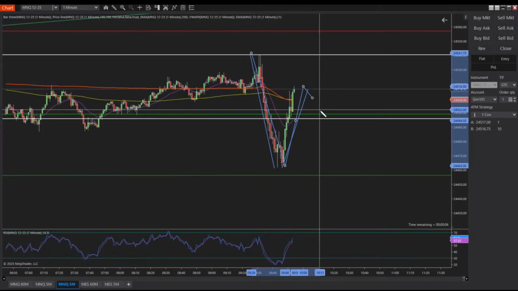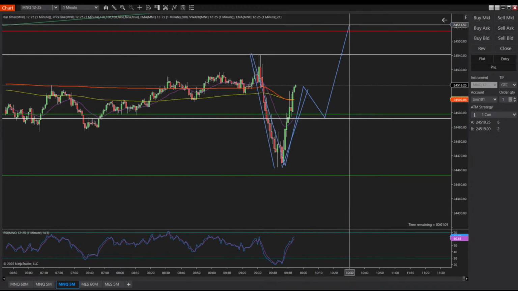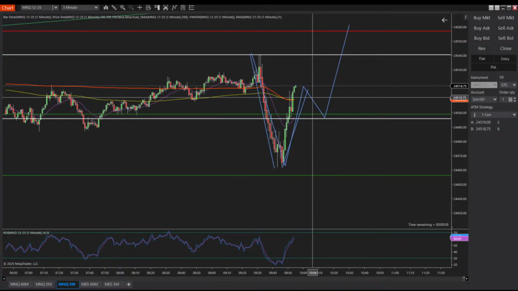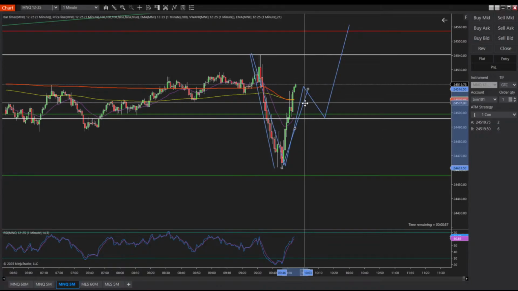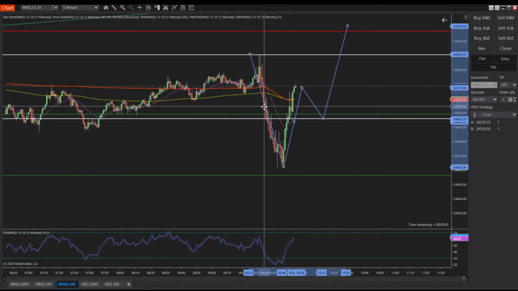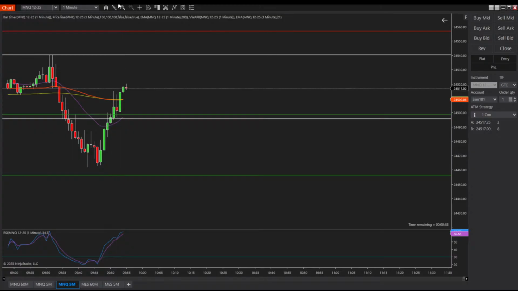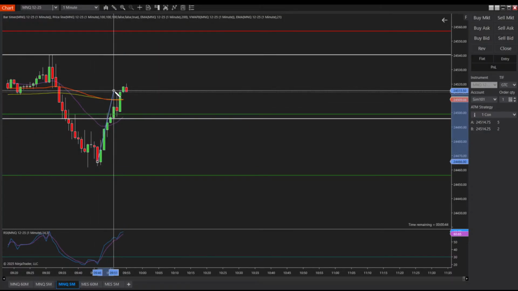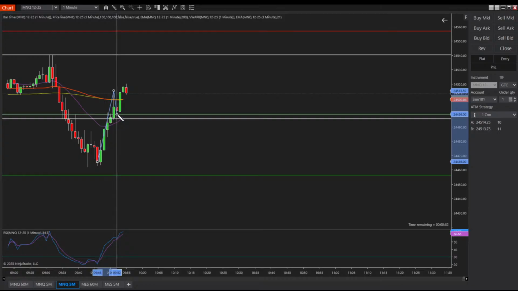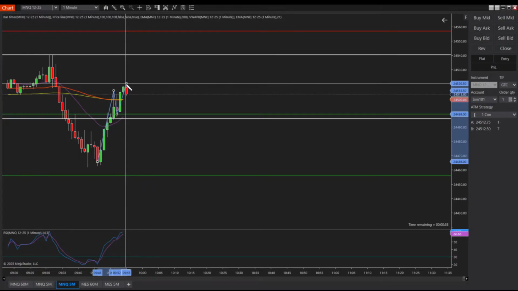So right now, what I'm looking for is for this to retrace back and then push up, which we kind of did there. You look at it on the 1 minute, we kind of did pull back a little bit here. Price went up here, came back, retested that support, and now we're seeing a push higher.